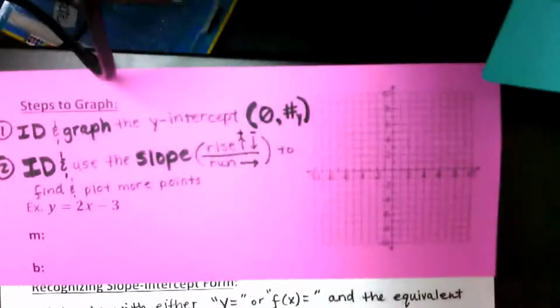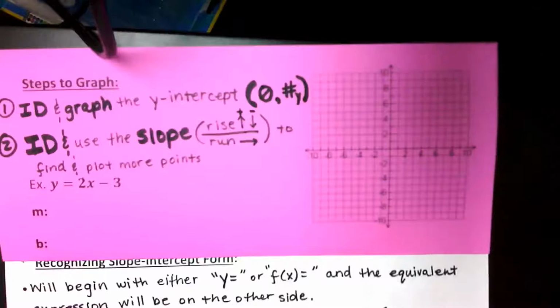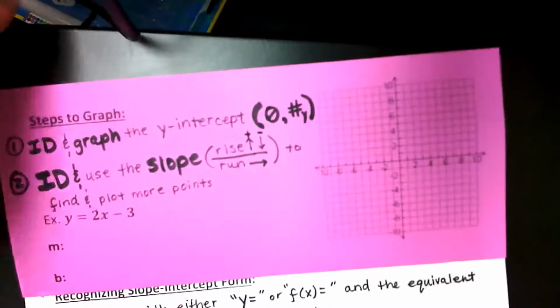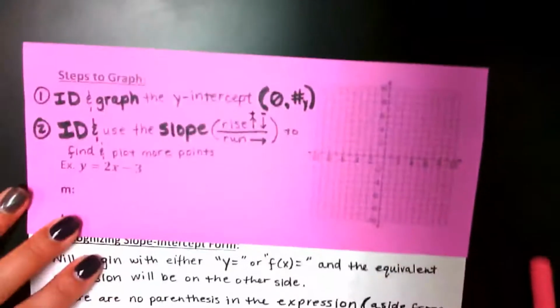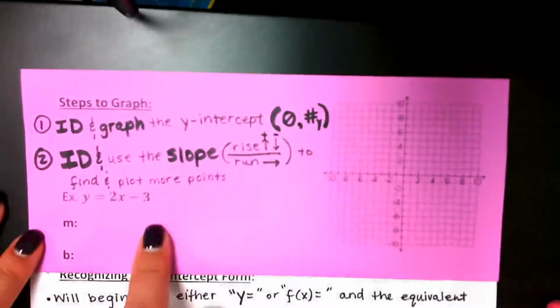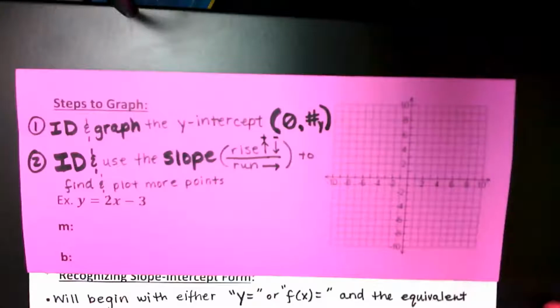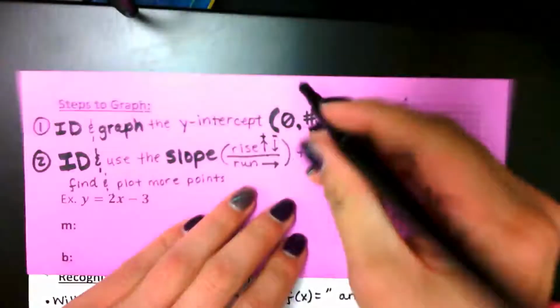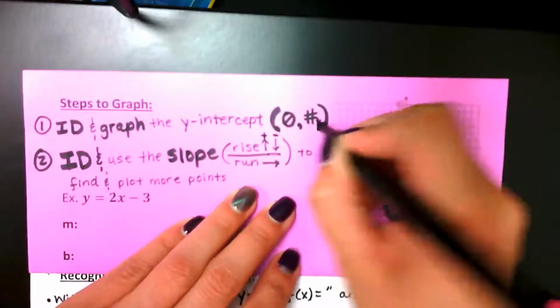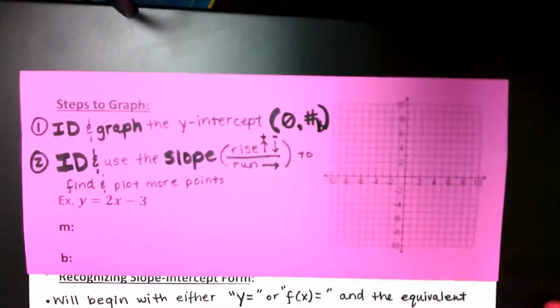All right. Now, we left off talking about steps to graphing a slope-intercept form. So, things that we do. We identify and graph the y-intercept, which actually here I think I might want to specify. You guys said it was a y value, but I want to be even more clear. That's the b that we talked about earlier.